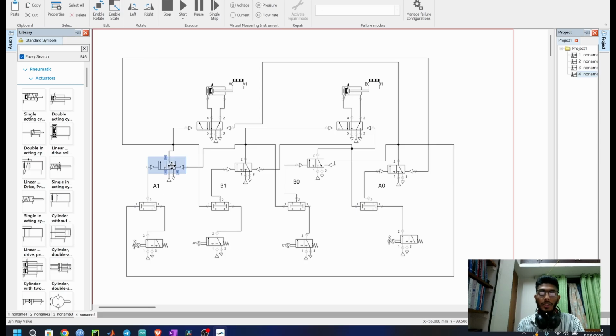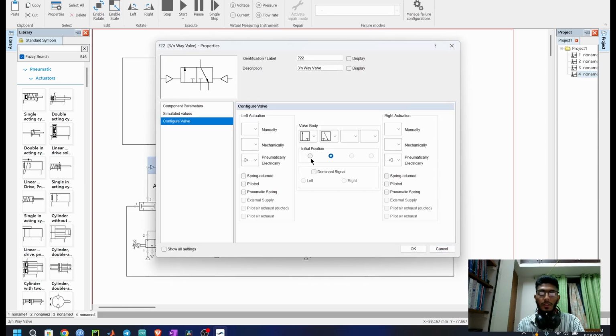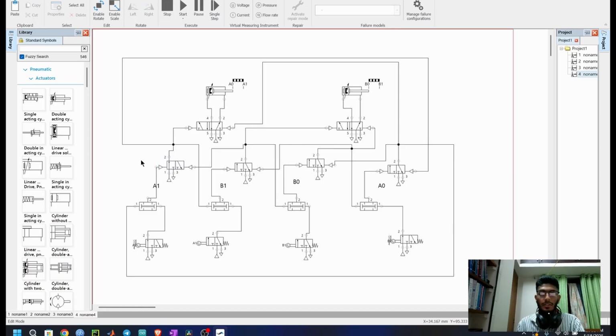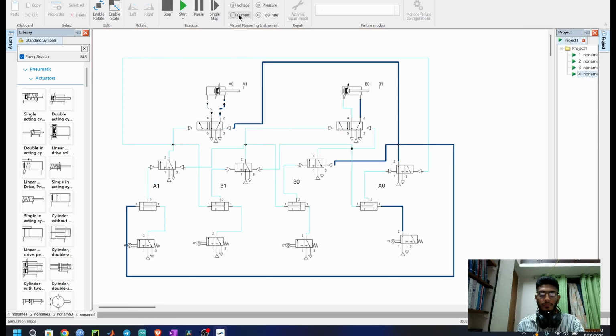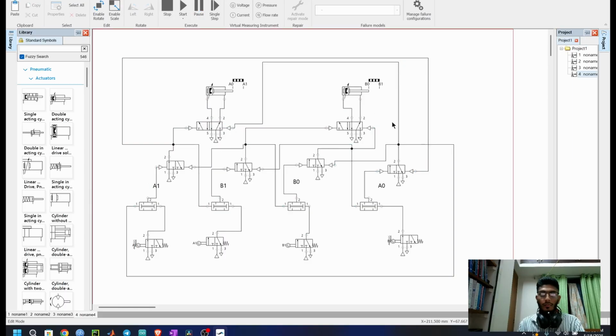But if I make this position on the left side, just for the first 3 by 2 DCV, then this circuit will work. See, it works perfectly.